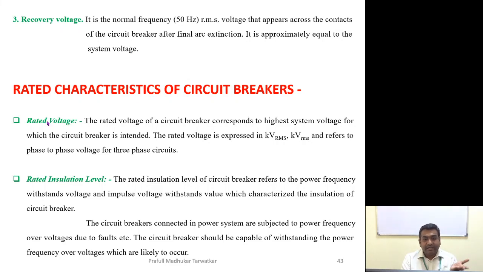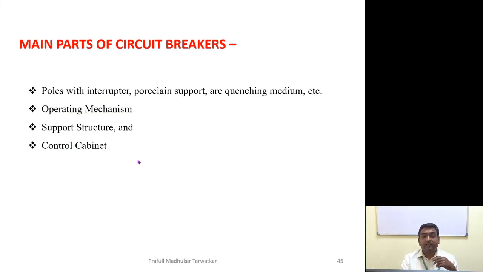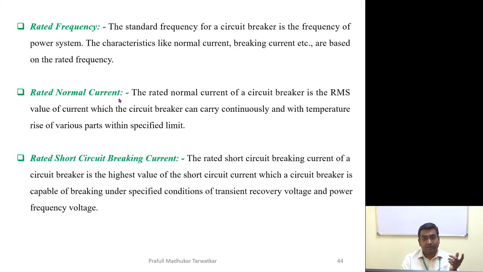Now rated voltage, rated insulation level, rated frequency, rated normal current, rated short circuit breaking current. These are the basic important criteria of the circuit breaker, which we have already seen during the discussion of the miniature circuit breaker theory.